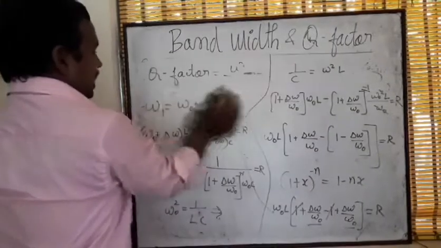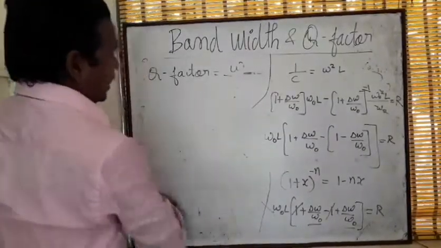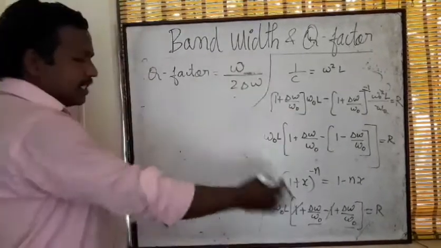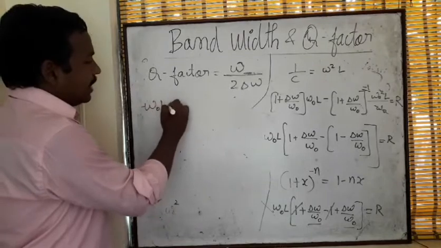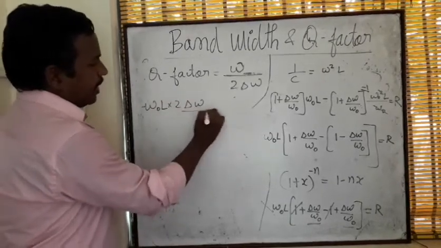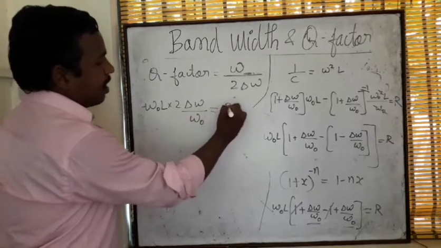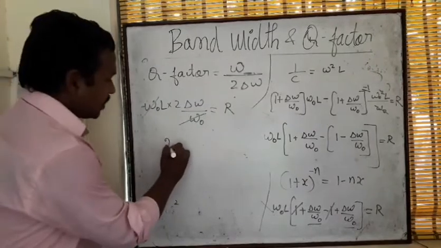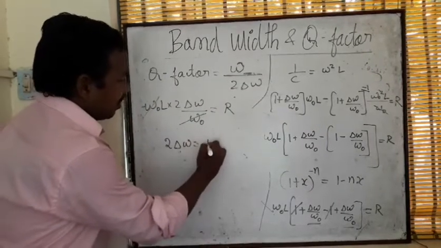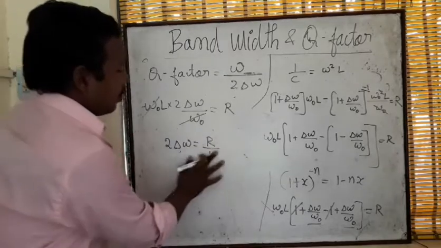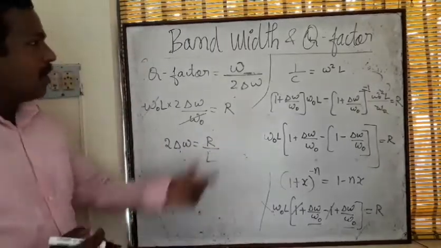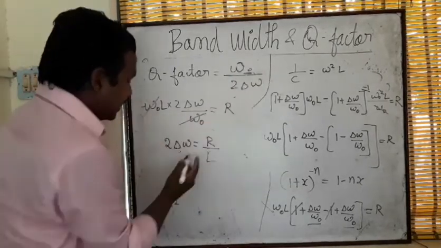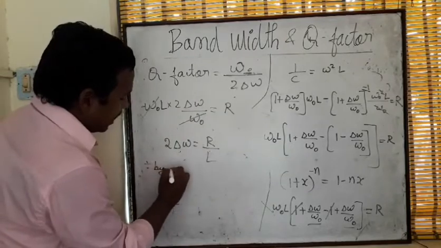So, the continuation of the same equation: omega naught L into 2 times del omega by omega naught is equal to R. Omega naught gets cancelled. That means 2 times del omega is equal to R by L. So we got 2 times del omega, which represents the bandwidth. Now the whole equation is divided by omega naught.